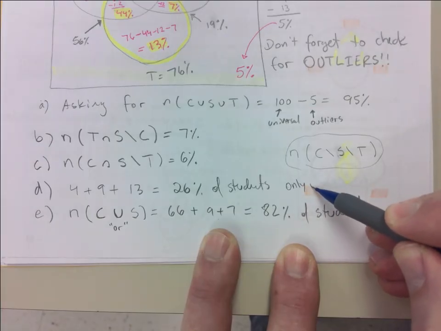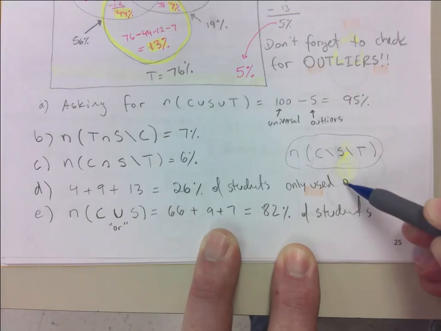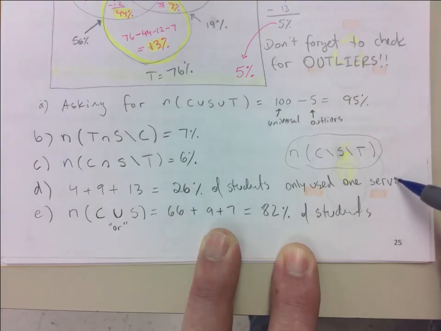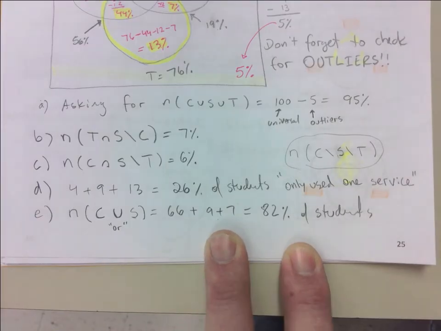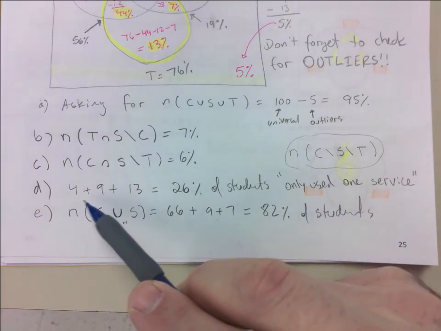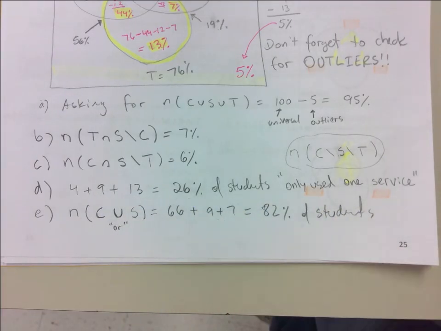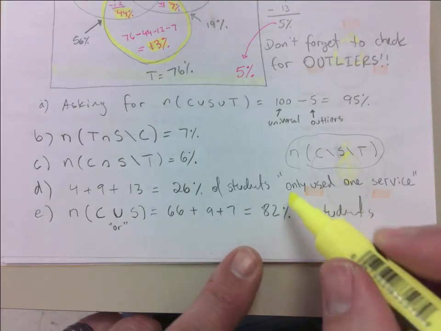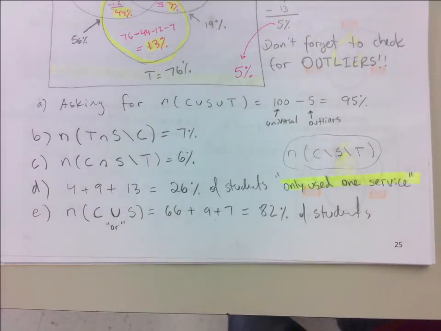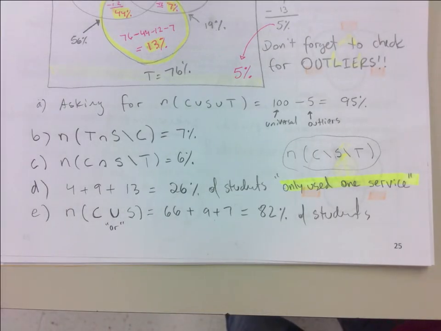So if they ask how many students used exactly just one service, it would be these ones, the 26% of students. You could ask how many students had none of these services, 5%, that'd be your outliers, and so forth.